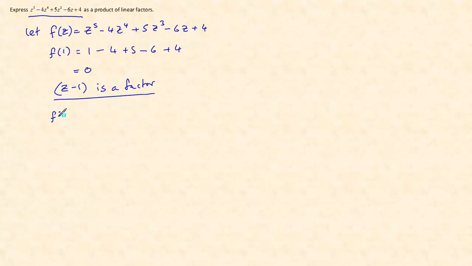Let's try f of negative 1. So that would give me negative 1, take away 4, take away 5, add 6, add 4, and that also is 0, telling me that z plus 1 is a factor.